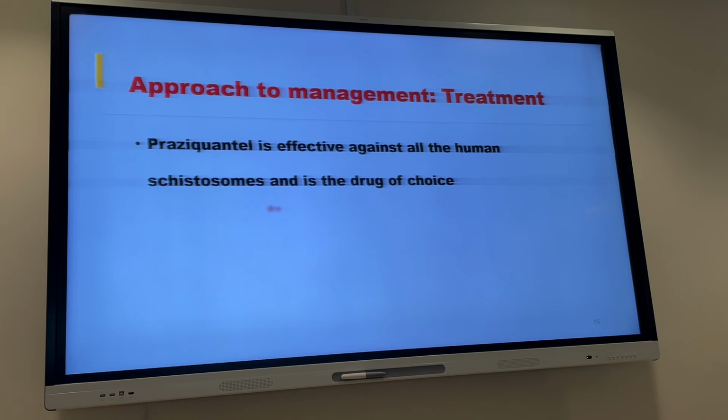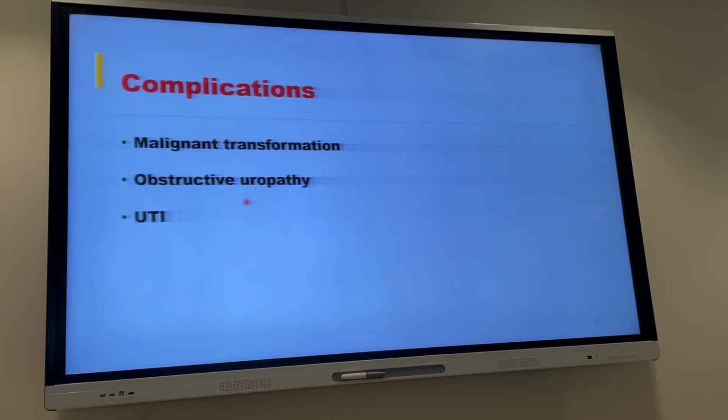Praziquantel is the most effective against schistosomes that are known to infect humans. So what are the complications that could occur? Malignant transformation can occur, particularly in long-standing, untreated, or poorly treated schistosomiasis.